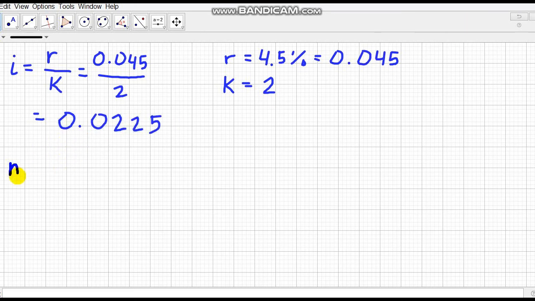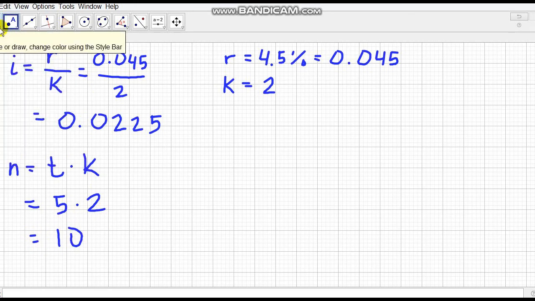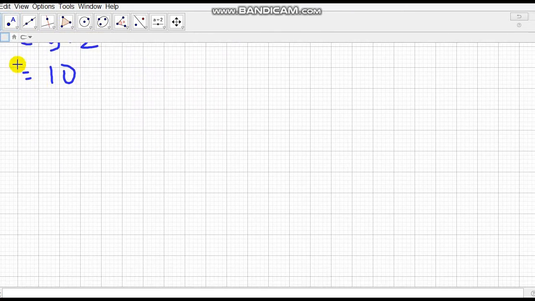Let's have the value of N this time. N is equal to T times K, so time times the number of conversions. It will be after 5 years, so 5, and the number of compoundings is semi-annual, so 2. So N is equal to 10. Now let's start solving for the future value of the annuity due.